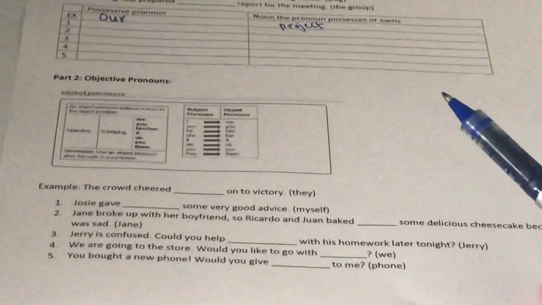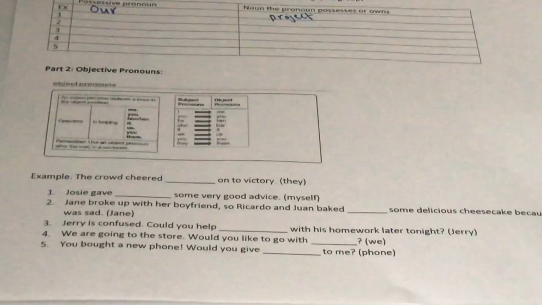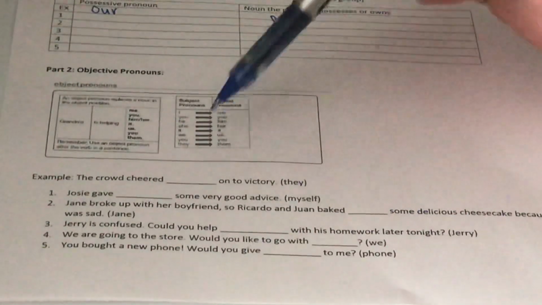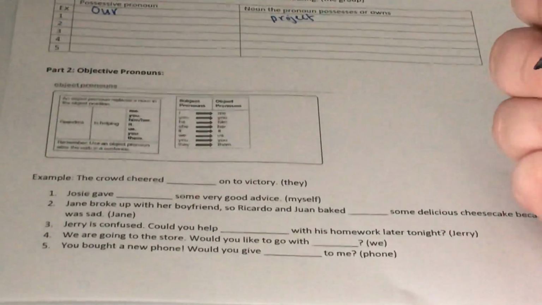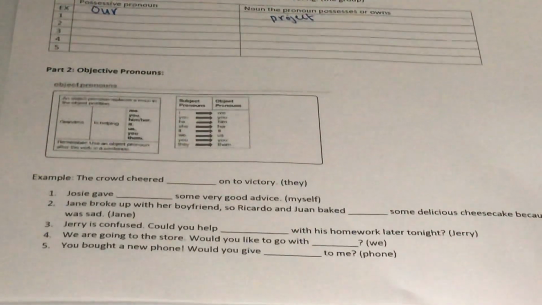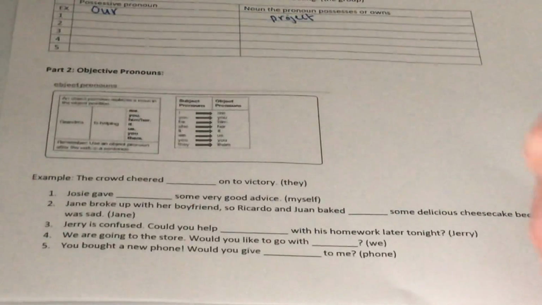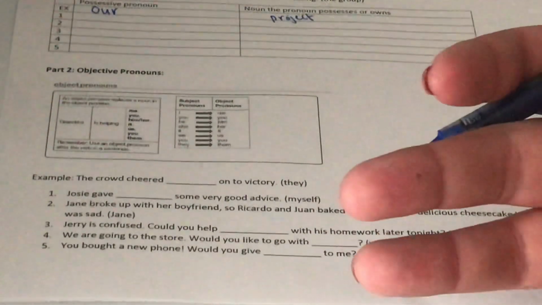Now let's look at objective pronouns. Remember, an object pronoun tells me who or what the verb is giving the object to, or who or what the verb is doing.